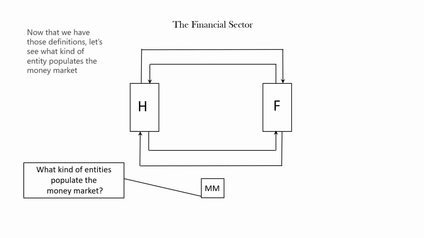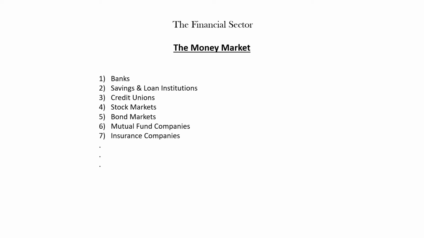Now that we have those definitions out of the way, let's identify what kind of entities populate the money market. As you can see, there are all sorts of firms in the financial sector that populate the money market. There are banks, savings and loan institutions, credit unions, the stock market, bond markets, mutual fund companies, even insurance companies. We can just summarize this list by saying all financial intermediaries.